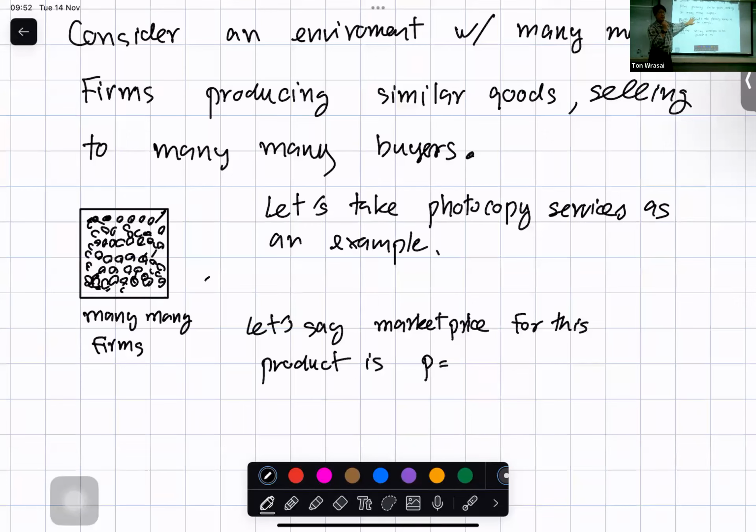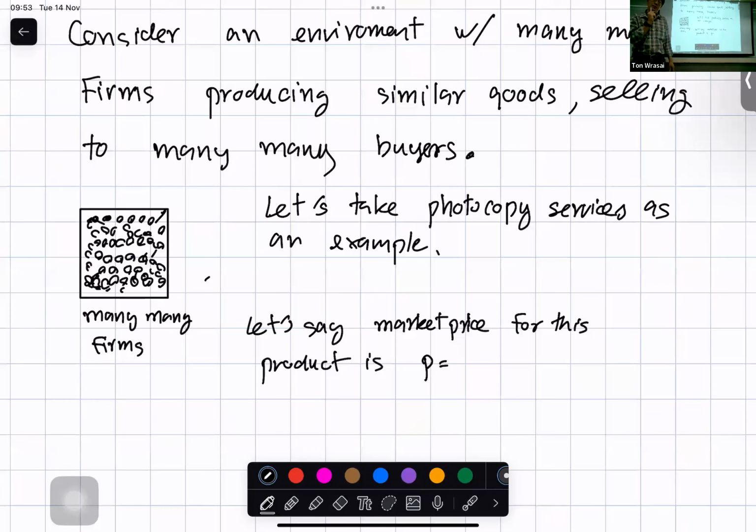Okay, technology and innovation kill a lot of businesses, including photocopy service. It was very popular maybe 10, 20 years ago, but now the business has come to an end. There are not so many photocopy shops around this campus.